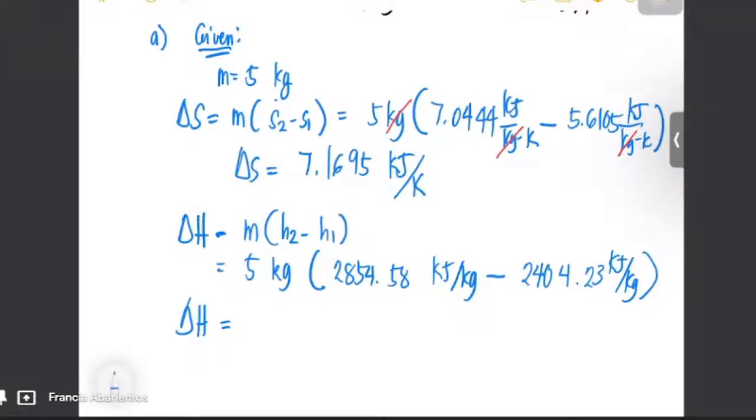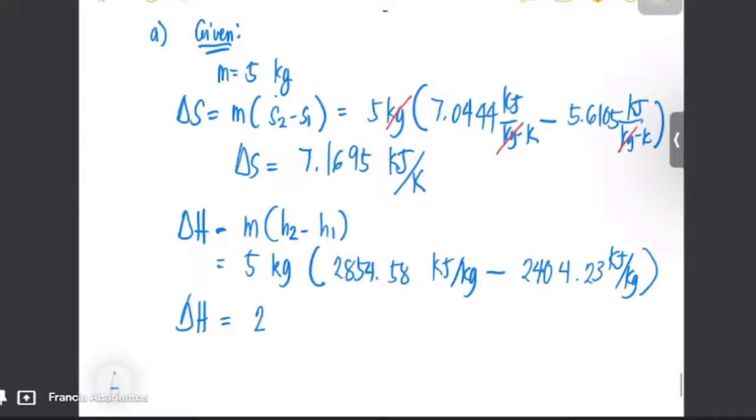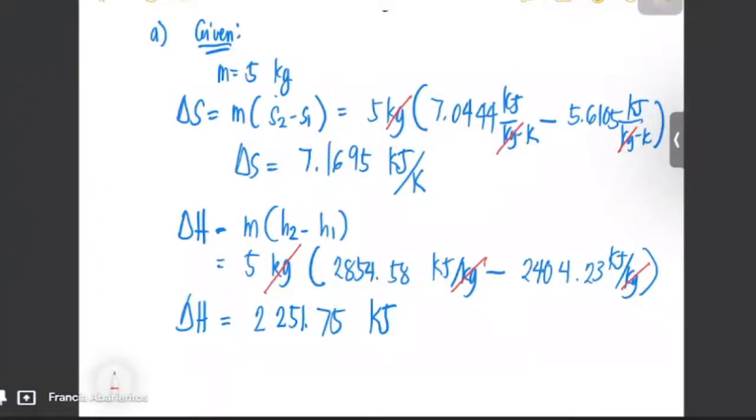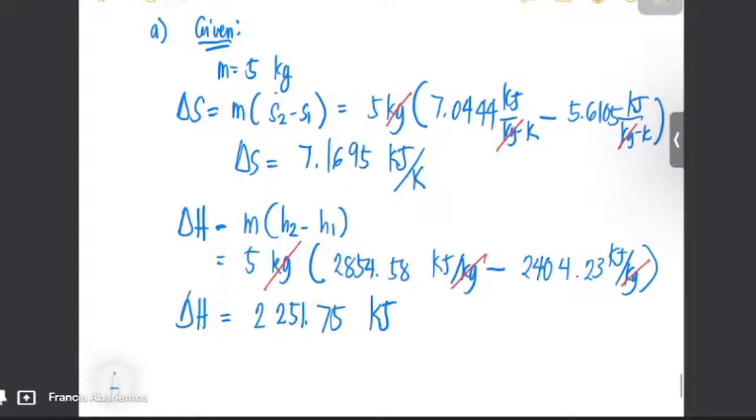Kakalimutan yung 5. So we have now 2,251.75 kilojoules. So take note of that the units is still in kilojoules. Kilogram, makakancel na yung kilogram. Okay? Yes, nakuha na natin yung enthalpy.